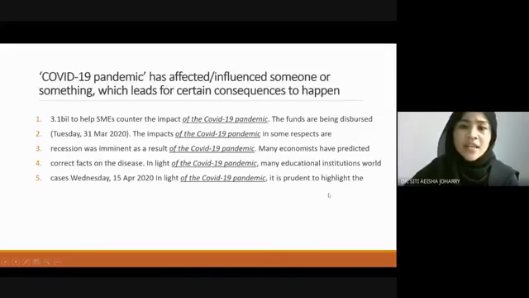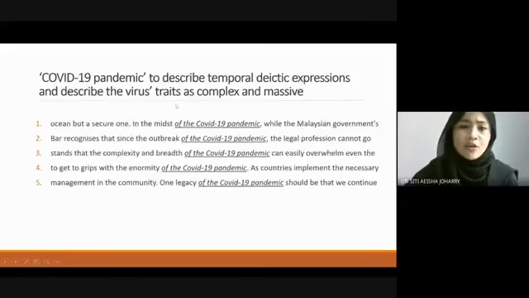And then the other thing is that COVID-19 pandemic also is used to describe temporal deictic expressions. And this is in the case of in the midst, since the outbreak. And when you talk about that, you are seeing how COVID-19 pandemic is used to give a situation. And that's pretty much deictic in nature.